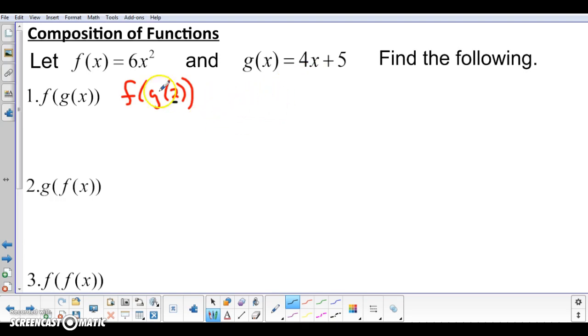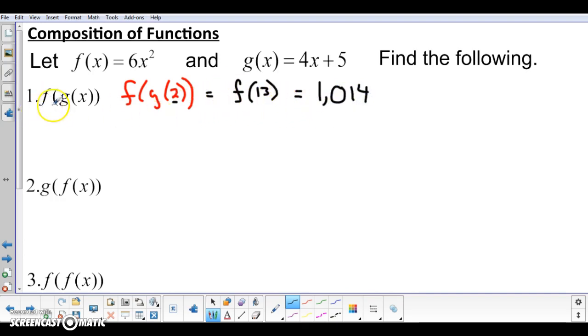So I'd have the g of 2 would be 13, which means then I would have to take the f of 13, which means because 13 was the output of my first function, I'm going to take 13 and plug it into the second function, which is function f. So 13 then goes in here. 13 squared is 169, and then when I take that times 6, I end up with 1014. So that would be the f of g of 2 in this case.